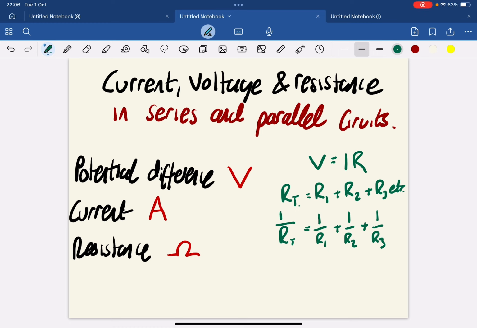Now at GCSE, what we have to know is that when we have resistors in parallel, the total resistance is always lower than the lowest resistor. So if the lowest resistor we had was 2 ohms, we will know the total resistance is going to be below 2 ohms. And that's because, remember, we have that relationship of when we have a high resistance, we have a low current, and vice versa. So in this video, we're going to look at some circuits and hopefully be able to calculate the current, potential difference, and resistance.